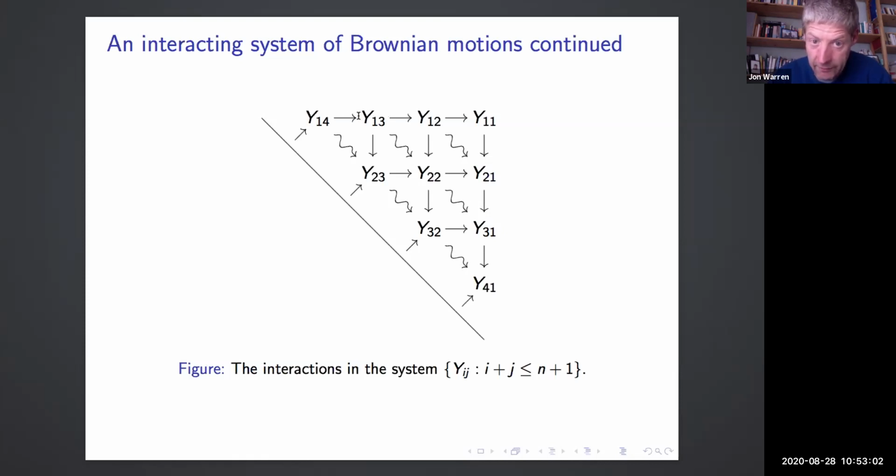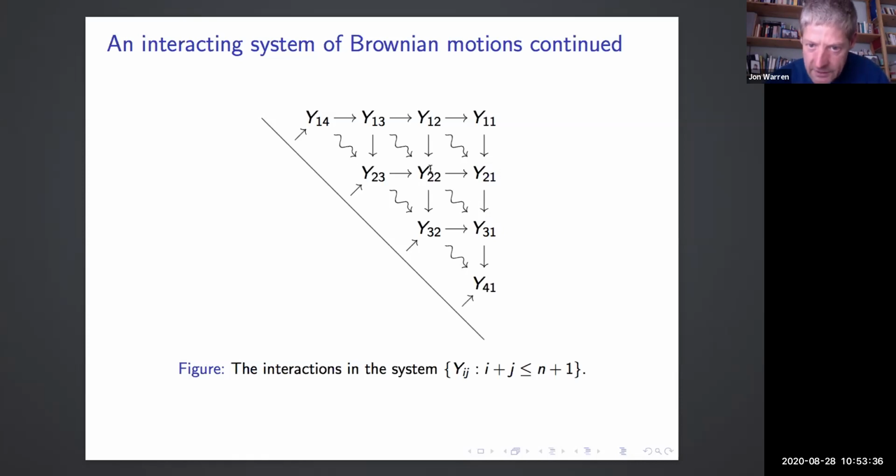And then for Y13, the only incoming arrow is from Y14, and that's telling you that Y14 pushes Y13 up whenever Y13 tries to go below Y14, and so on. So the top row in this picture is exactly a copy of my Y process from earlier in the talk, okay? Each one is driven by an independent Brownian motion. They've each got a constant drift, and the only interactions are the ones that keep them ordered: this bigger than this, bigger than this, bigger than this, bigger than 0.